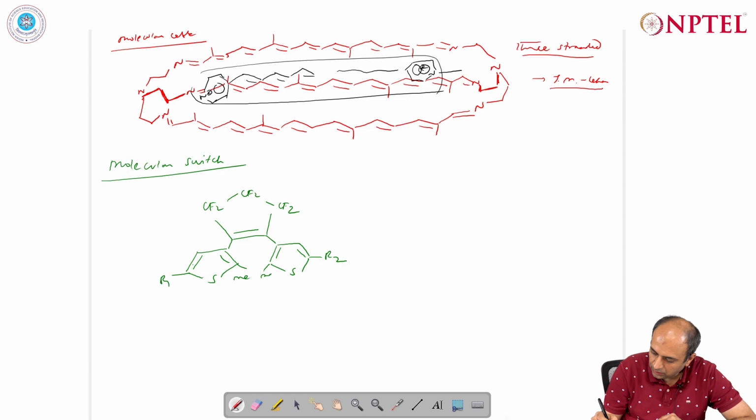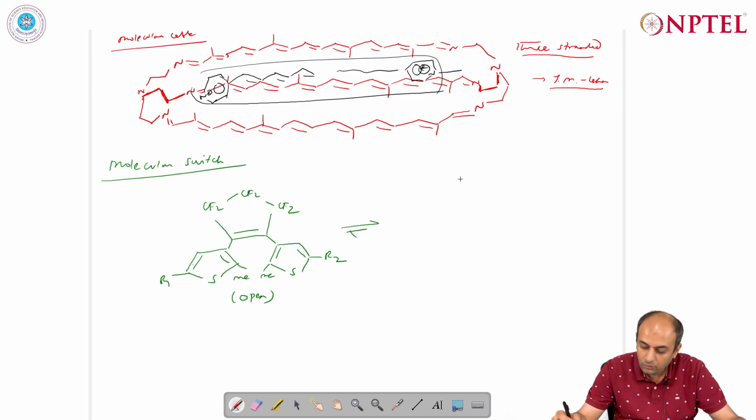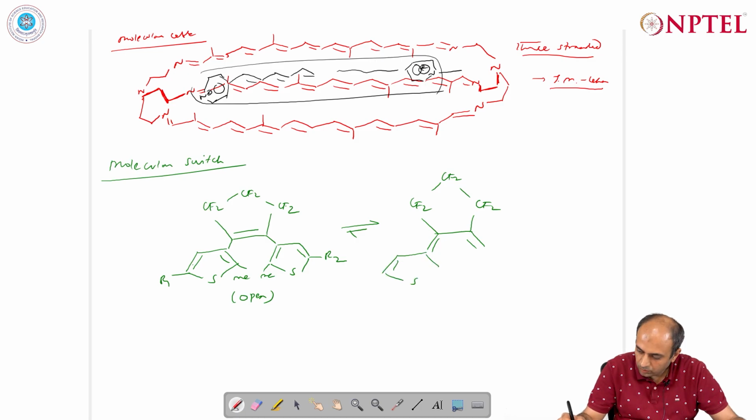This is a methyl and this is a methyl. So, this is the open state of the system, and this is in equilibrium with the closed state. This is the methyl.